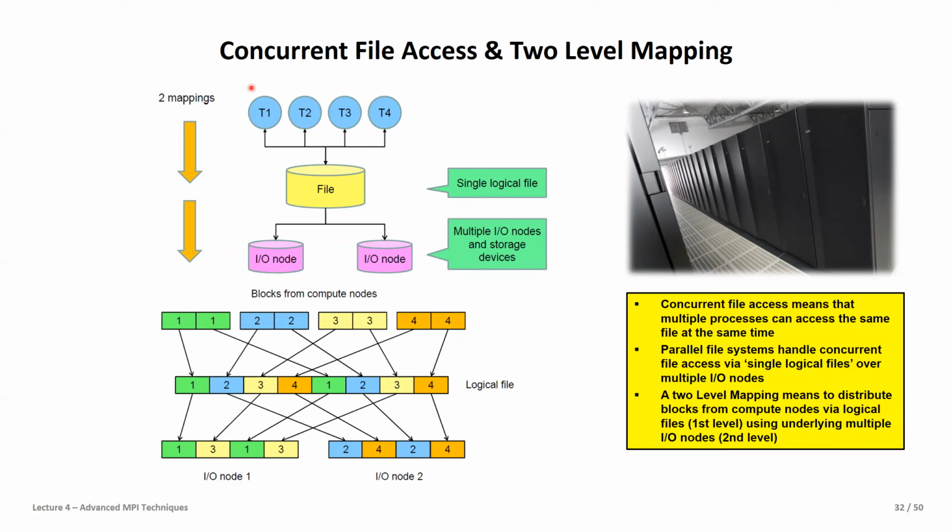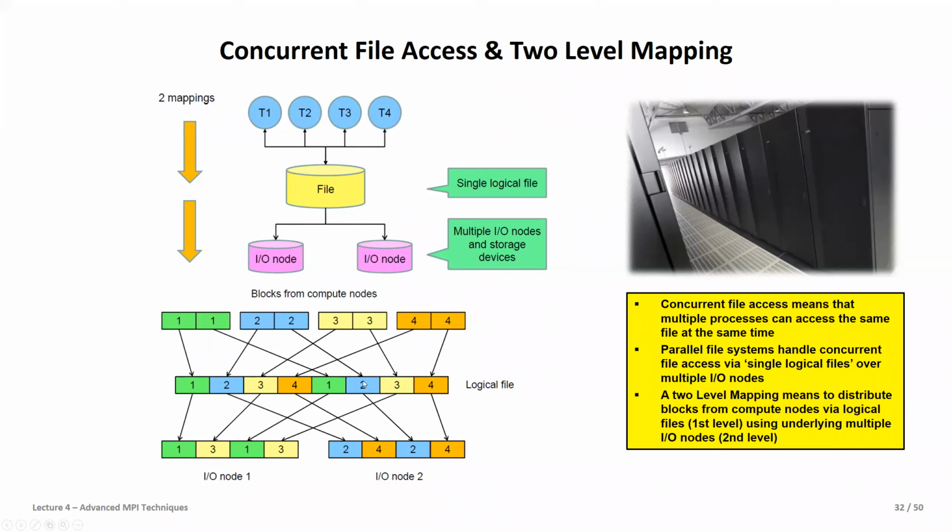You would have different threads that work on parts of the application, but you would always have two different mappings, where you have a single logical file where you believe you actually write into one file, which is not completely true. It helps you as a developer to think about only one file, but indeed it's going through different IO nodes, with different so-called blocks put away on different underlying physical IO nodes.